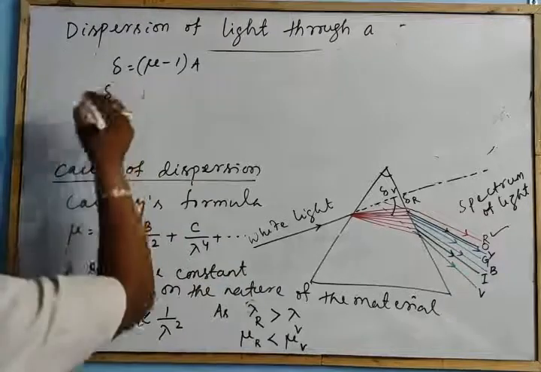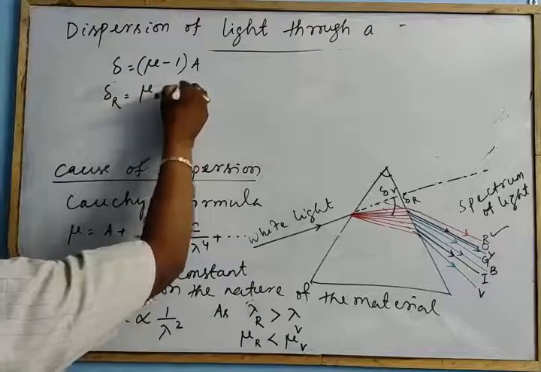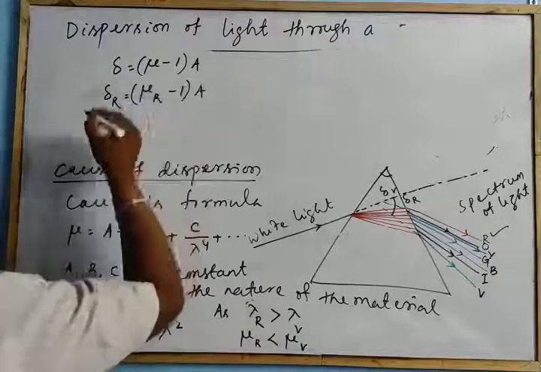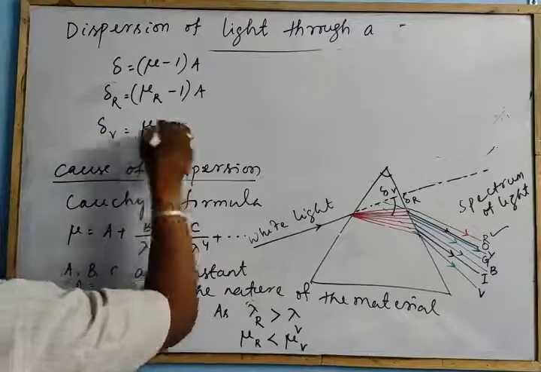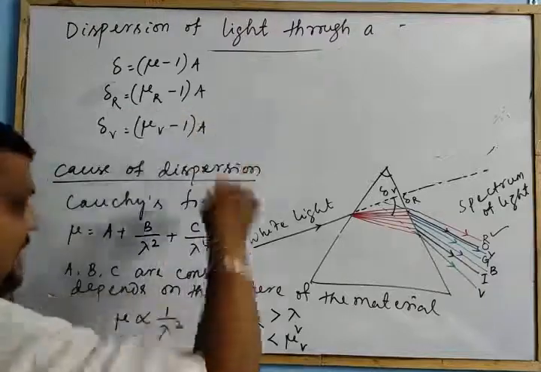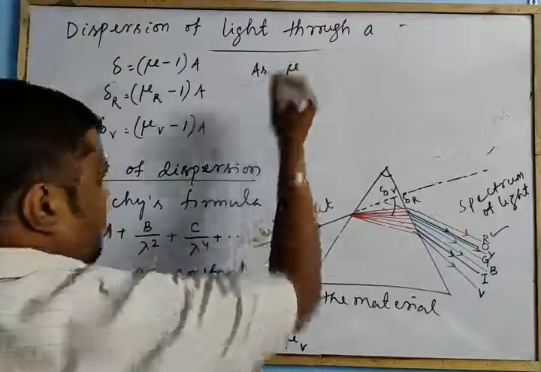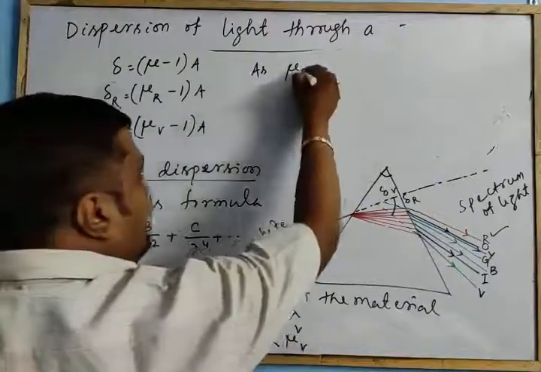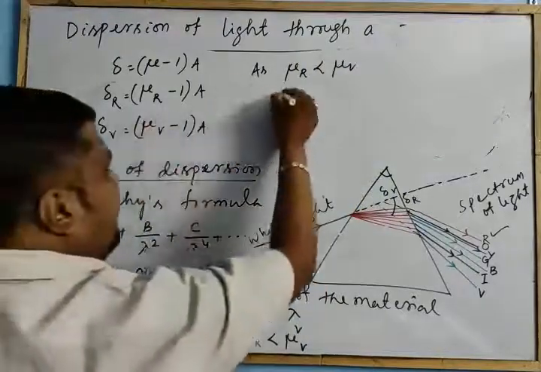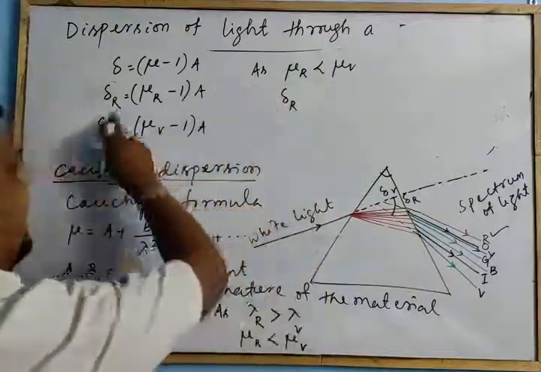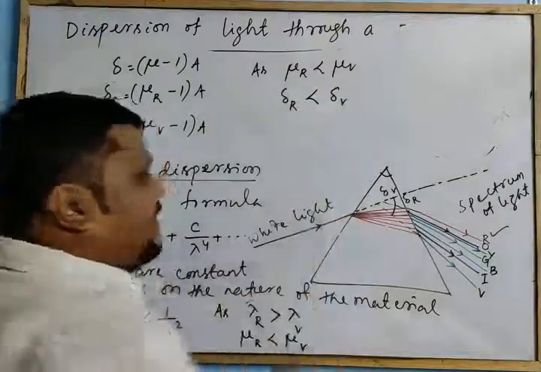The angular deviation for red light is refractive index for red minus 1 into A. Similarly, the angular deviation for violet color is refractive index for violet minus 1 into A. But as mu r is less than mu v, the angle of deviation for red light is less than the angle of deviation for violet light.